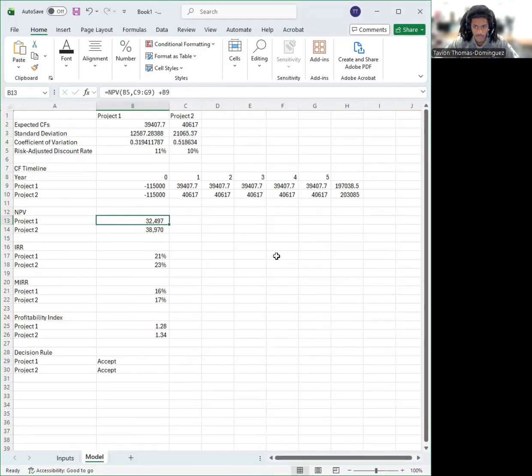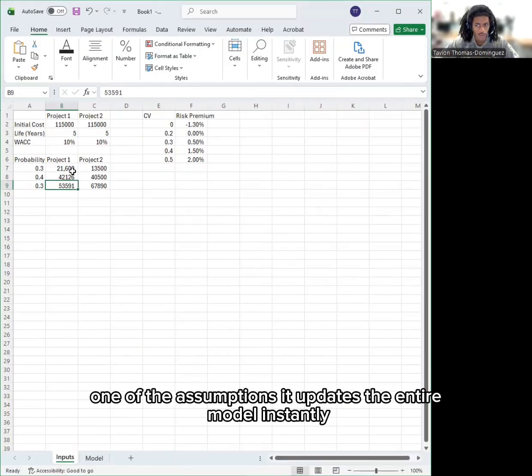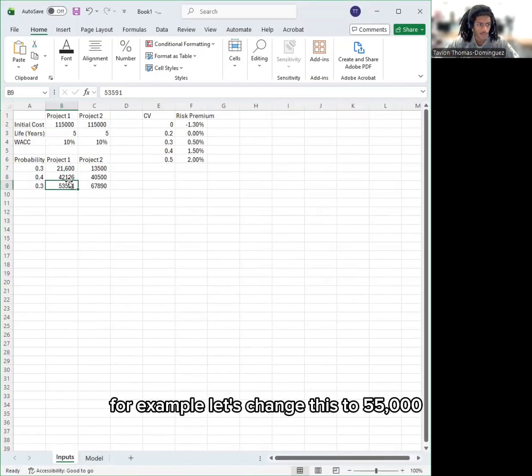So if we change one of the assumptions, we see that it updates the entire model instantly. For example, let's change this to 55,000.